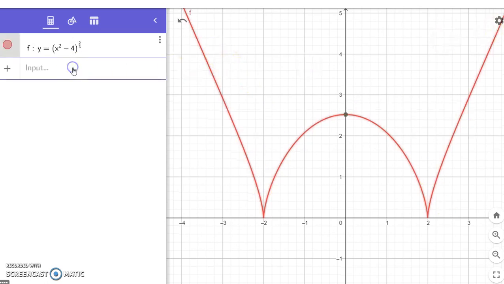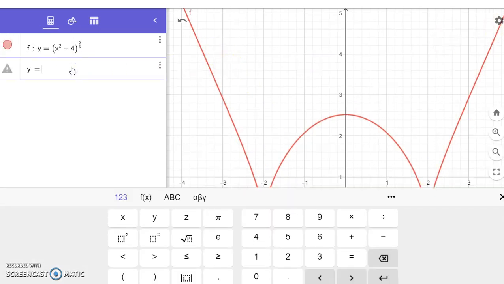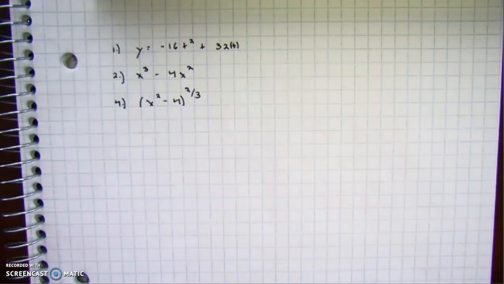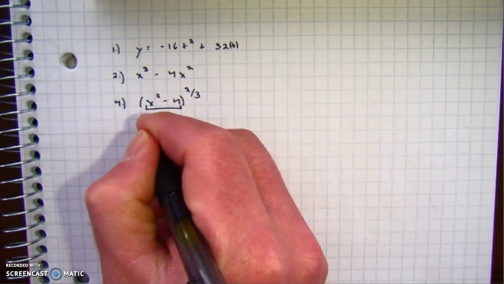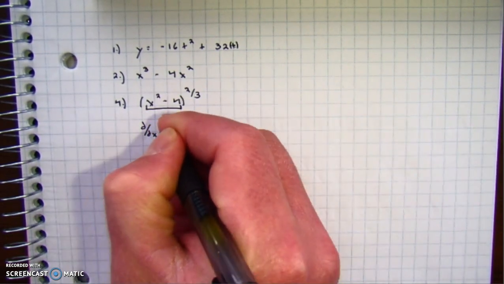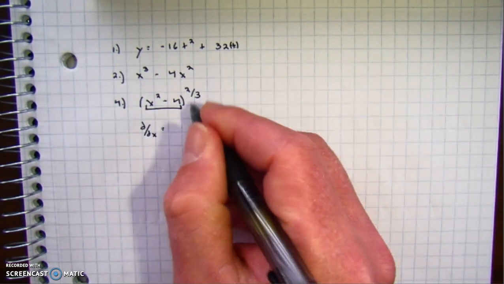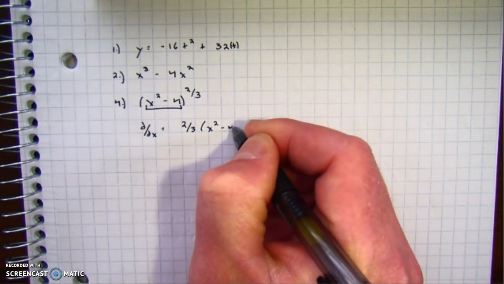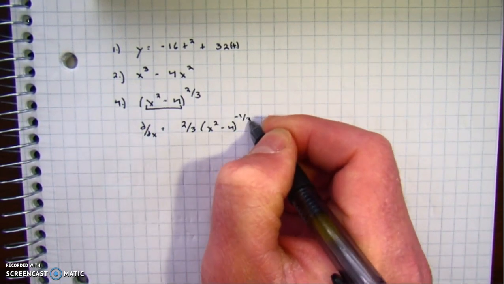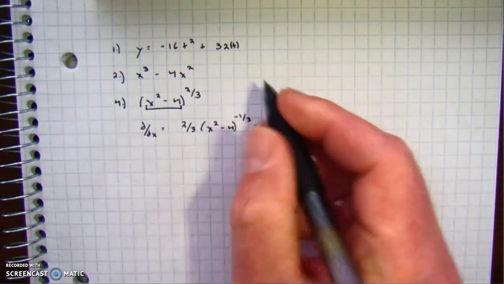Okay, so let's graph the derivative here and let's see what it looks like. So this one's going to be a little more complicated. So we've got a composite function. So let's go ahead and work it out on this piece of paper over here. Okay, so we'll make that our u. So the derivative is going to equal, so we've got 2/3 times x squared minus 4 to the negative 1/3 times the derivative of the middle.